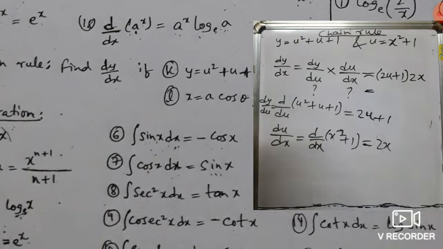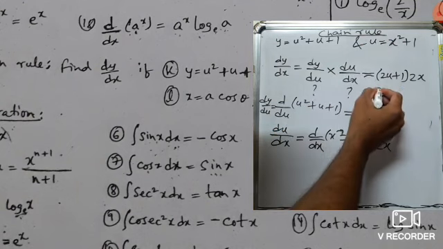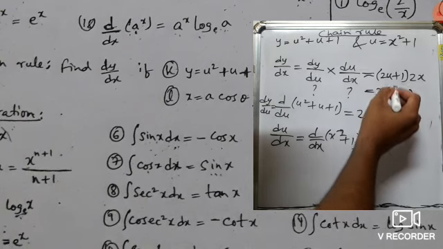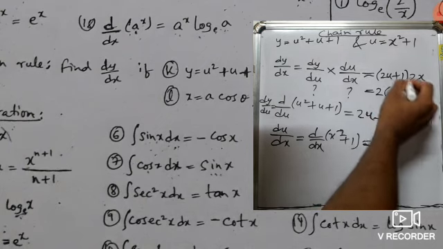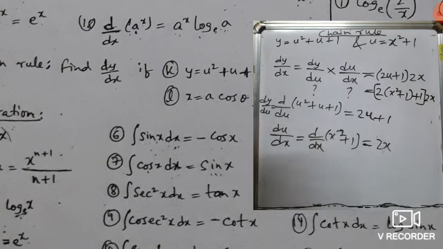Now we can put the value of u here. It is x square plus 1, so it will be 2(x square plus 1) plus 1, into 2x. So what will the answer be?